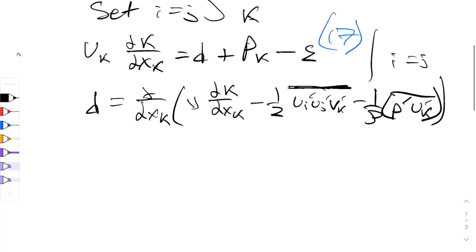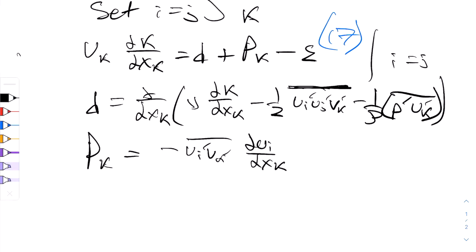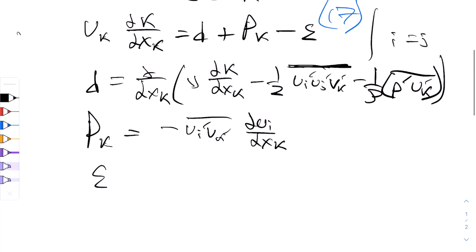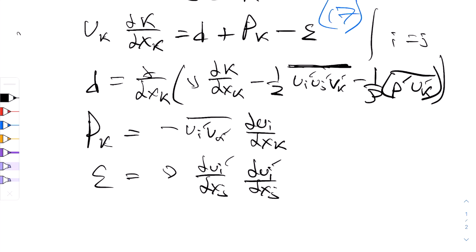So that's D. P_k will be equal to negative u_i' u_k' bar times ∂u_i/∂x_k, and ε will be equal to ν times the average of ∂u_i'/∂x_j ∂u_i'/∂x_j. So we have our dissipation term.